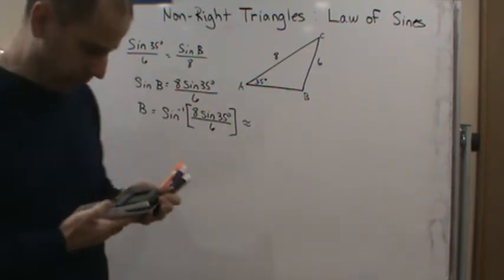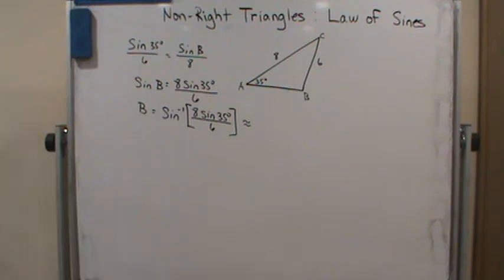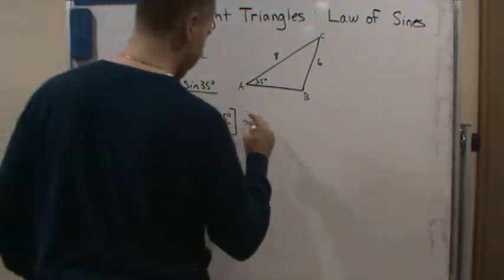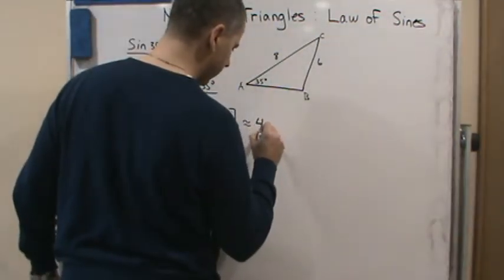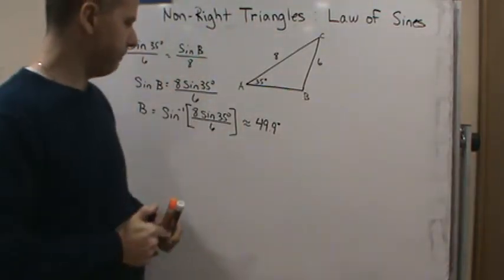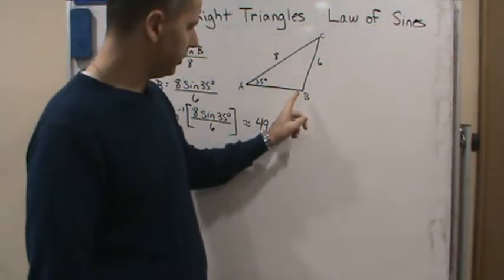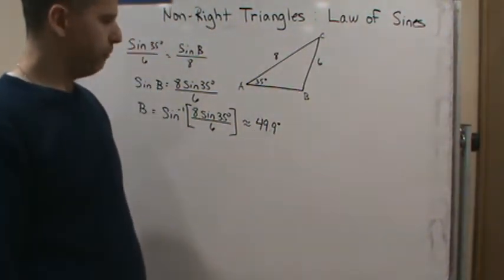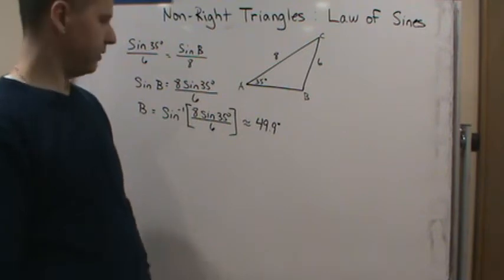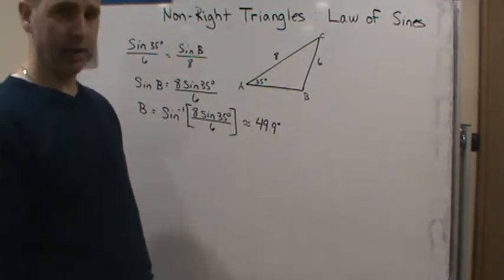And yes, I get 49.886 degrees, which is the same thing, 49.9 degrees, if I round to the nearest tenth of a degree. Now, notice that this is less than 90 degrees, but our angle looks like it's bigger than 90 degrees. So this further tells me that I'm going to have a second triangle here.